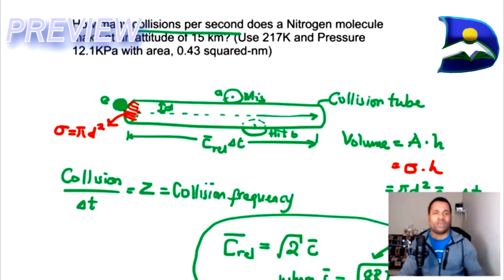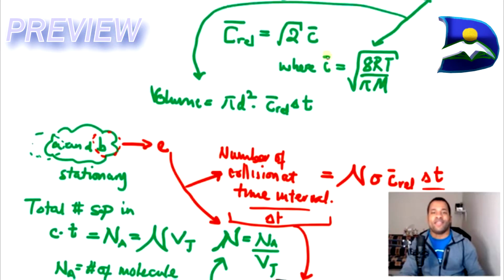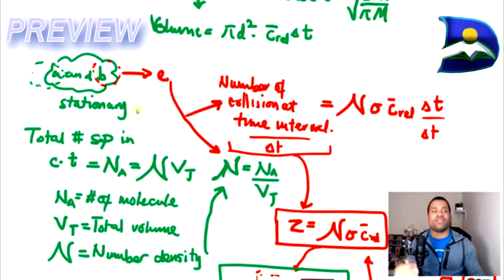On our previous video we looked at how to determine the collision frequency, which is represented as Z. We had to take into consideration the volume of this particular collision tube, and then we used our relative mean speed to determine our various other variables, like the gas constant, the temperature, the molecular weight of that particular molecule, and also the number of particles in a stationary region.